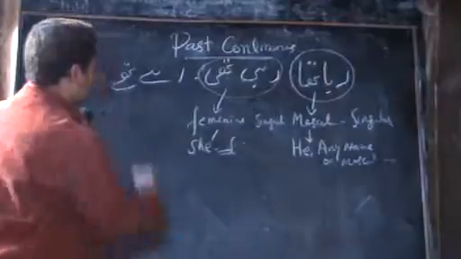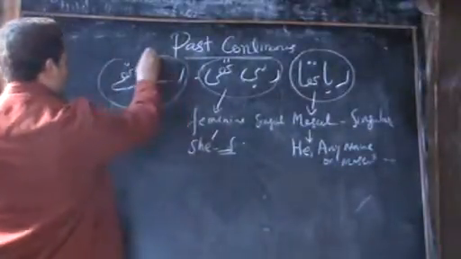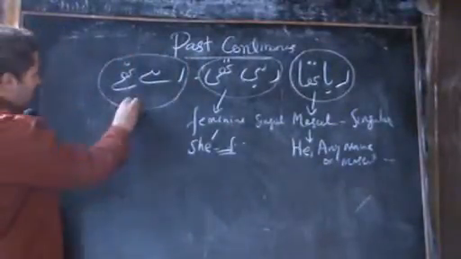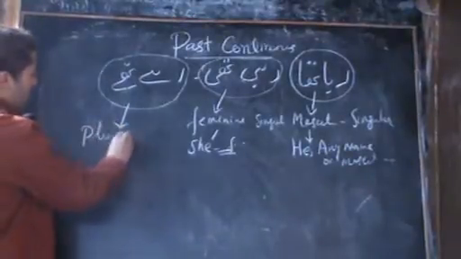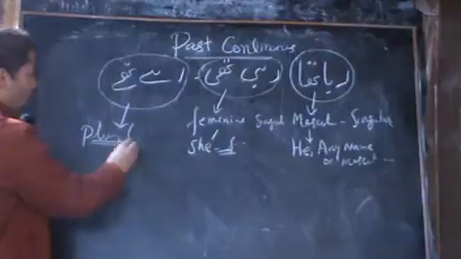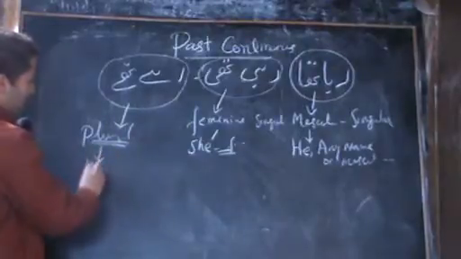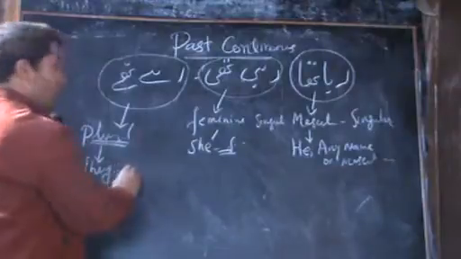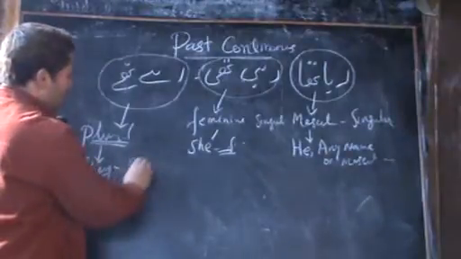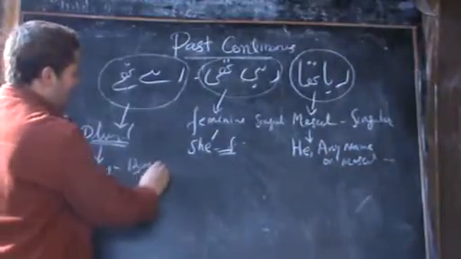And then we have this sign for the plurals, and the examples can be they, or any masculine or feminine plural, such as boys, or oxen.